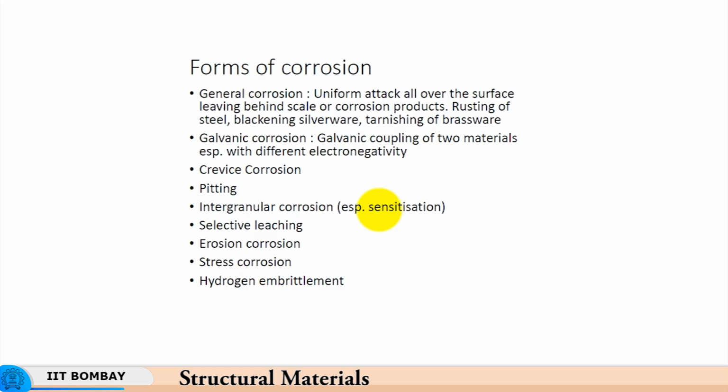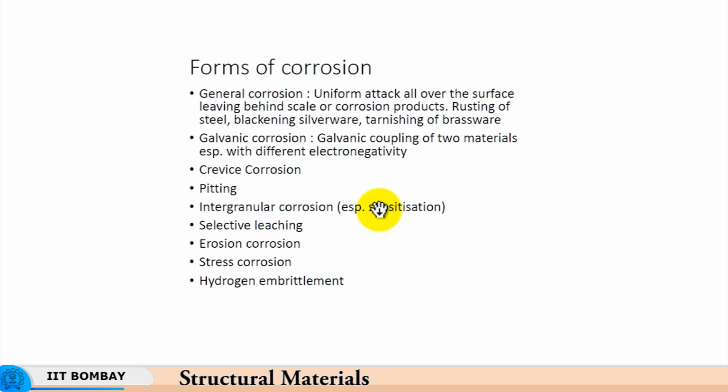One does the corrosion, the other one promotes corrosion. So, for example, by removing the corrosion products, fresh surface gets exposed and therefore, you have erosion corrosion propagating very rapidly. Similarly, stress corrosion, where corrosion is promoted by the presence of stress.